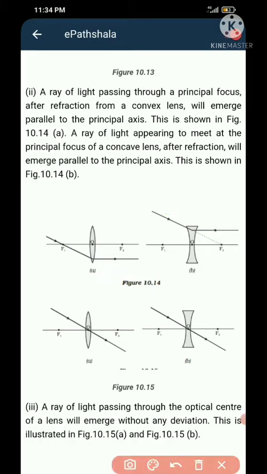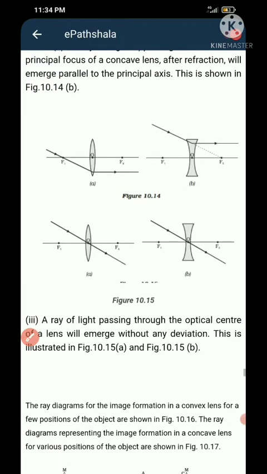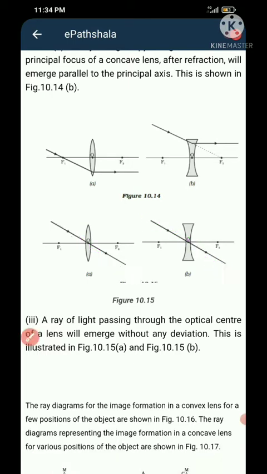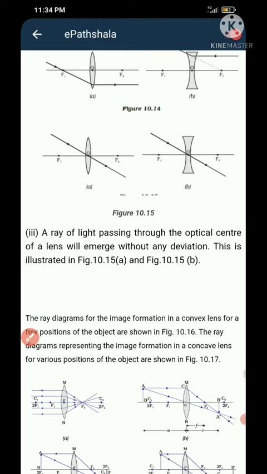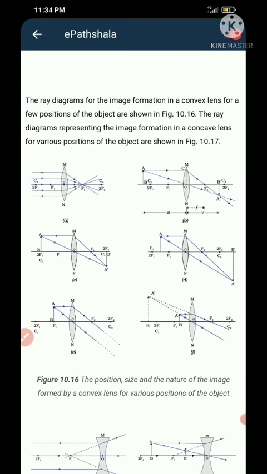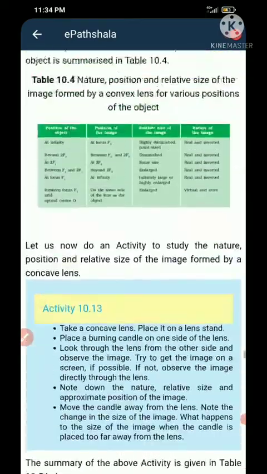Third, when light goes through the optical center, no deviation occurs, it goes directly without any deviation. So these 3 rules help in drawing image formation for the lens, or these 6 figures.